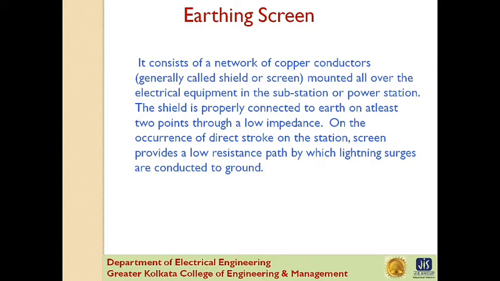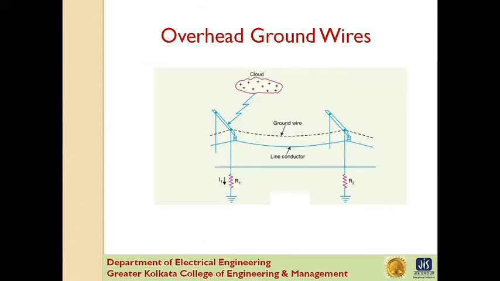On the occurrence of a direct stroke on the station, the screen provides a low resistance path by which lightning surges are conducted to ground. In this way, station equipment is protected against damage. The limitation of this method is that it does not provide protection against traveling waves which may reach the equipment in the station.